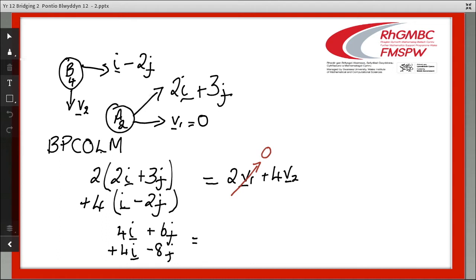And that is equal to 4v2. So this implies that v2 is equal to 2i minus a half j.